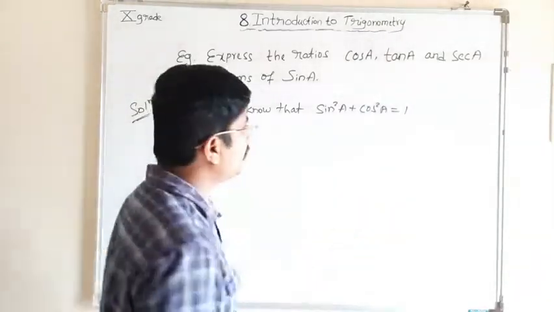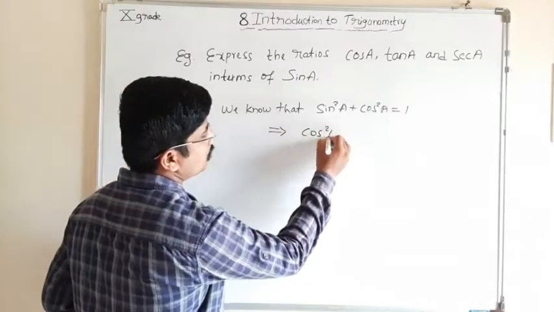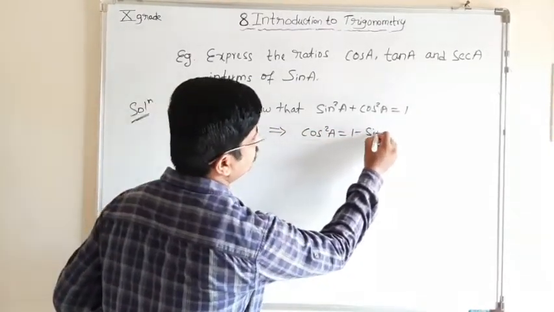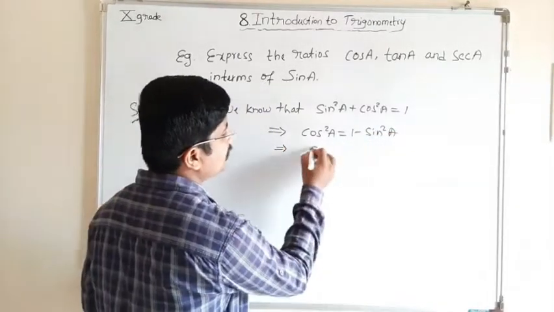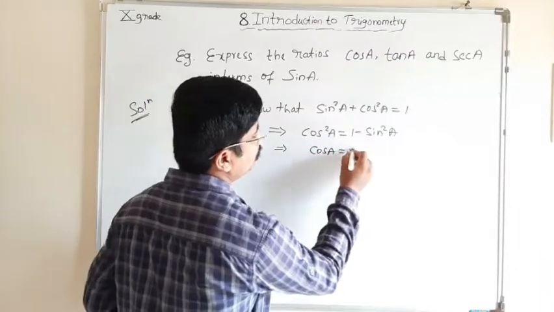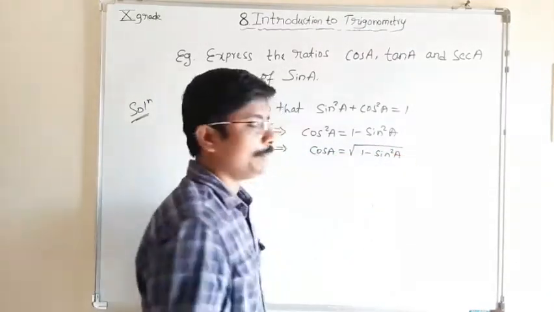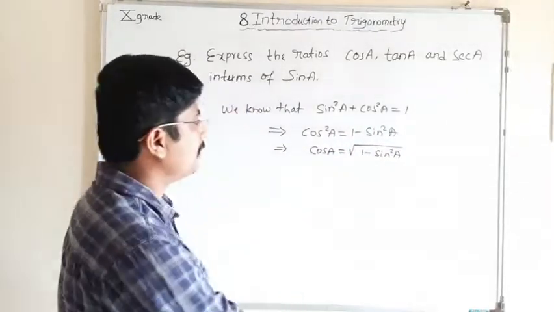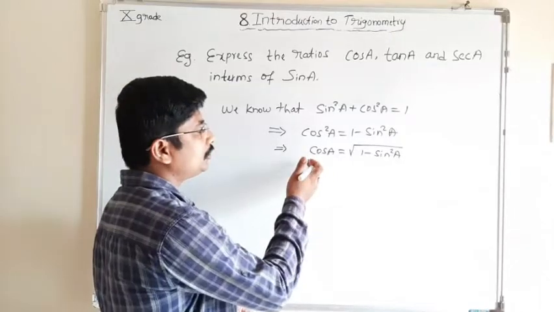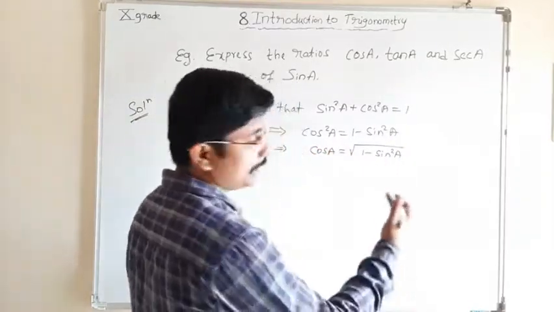This implies cos square A is equal to 1 minus sin square A. This implies cos A is equal to under root 1 minus sin square A. Consider here the positive of the square root. Understood? Now we have expressed the ratio of cos A in terms of sin A.